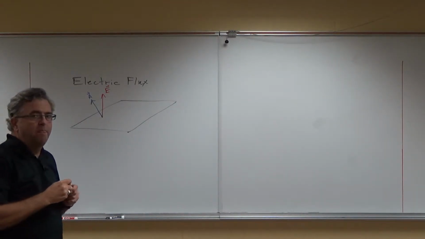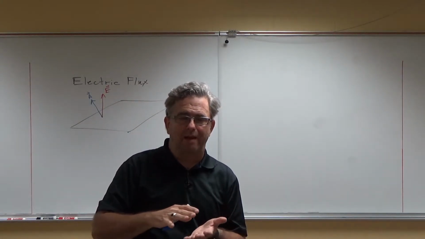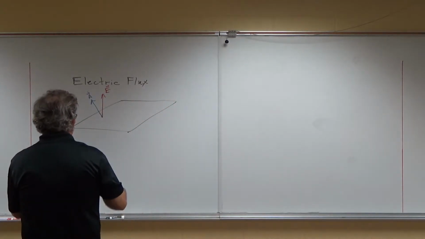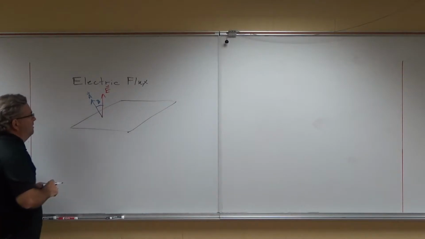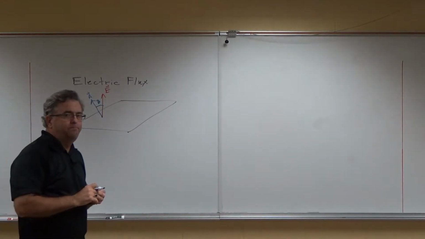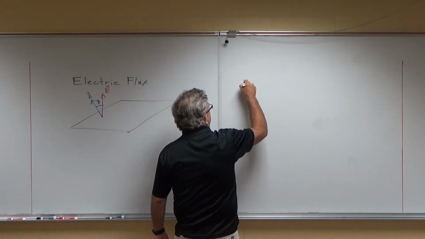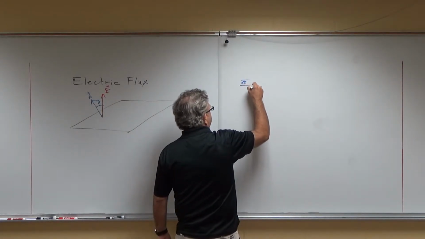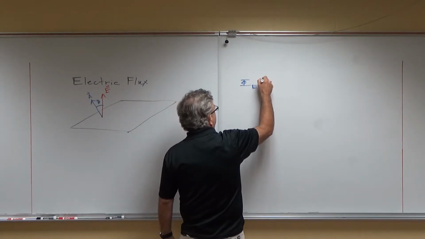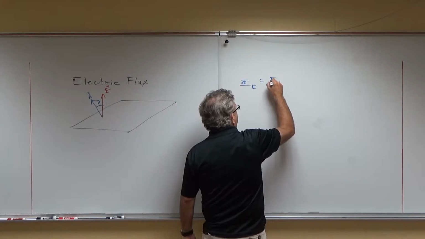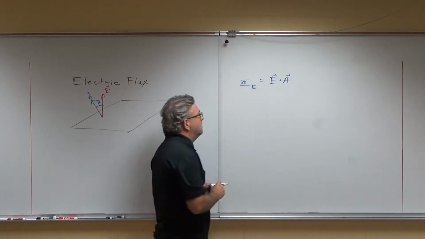All right? The flux that is passing through this plane, if this is the angle between the area vector and the electric field, then the flux, we usually write flux as capital Phi with a subscript E, is equal to E dot A. Okay?